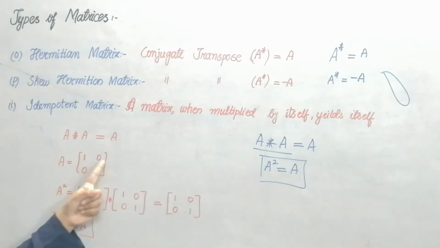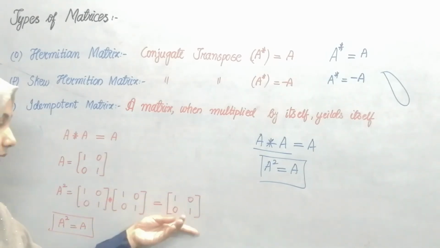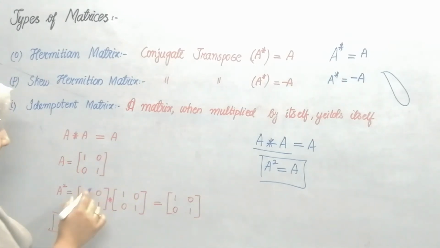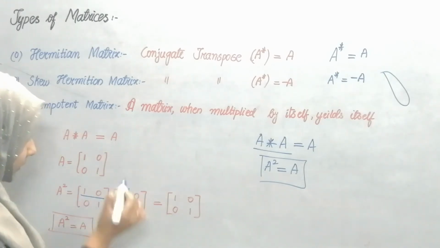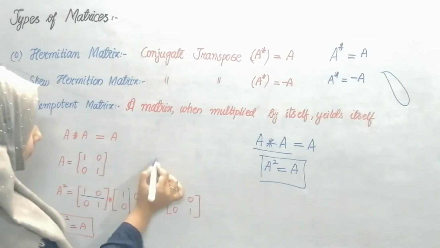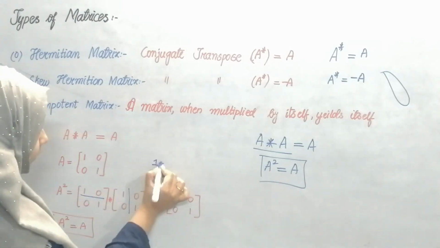I have the matrix 1 0 0 1. If I multiply this matrix by itself, 1 0 0 1 multiplied with 1 0 0 1, I should get the same answer. If you don't know how to multiply matrices, each row is multiplied with each column. First row with first column: 1 into 1 is 1, then 0 into 0 is 0, so 1 plus 0.